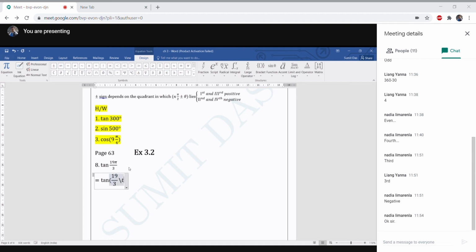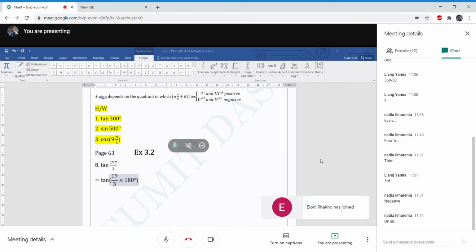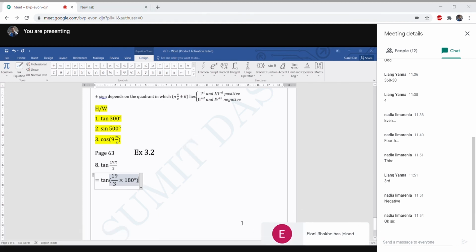We know that pi means 180 degree, right? So we'll convert this first in degree form.